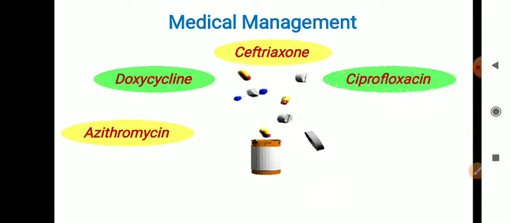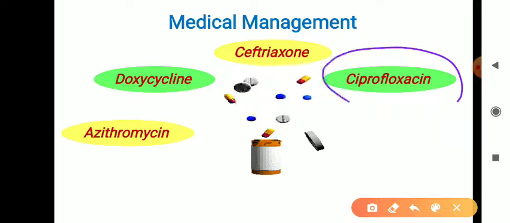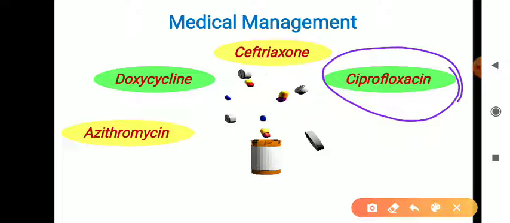And next one is ciprofloxacin. Ciprofloxacin and ofloxacin should be given to patients who are less than 14 years or more than 35 years of age, because the person who has orchitis with the causative agent Escherichia coli, or E. coli.